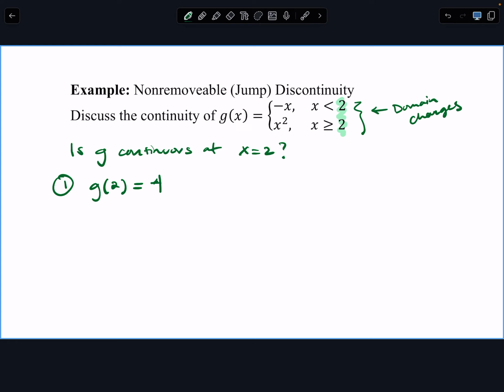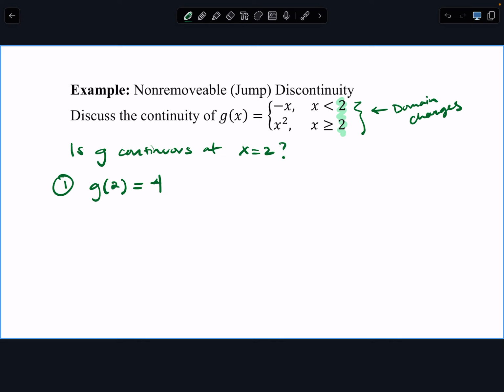So at the moment, pretending that we don't see this spoiler, g could be continuous at 2. Could be, right? And then we're like, okay, well, let's find the limit.